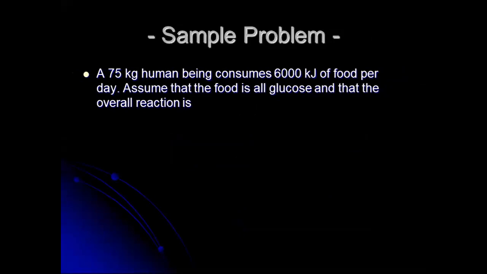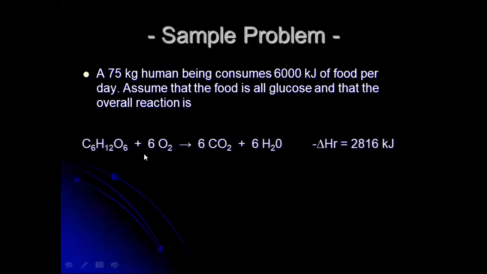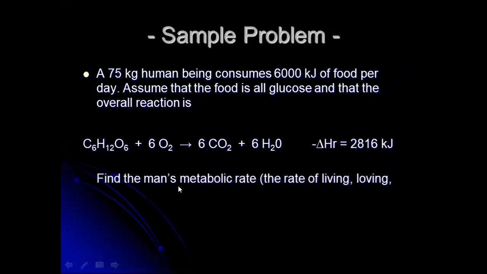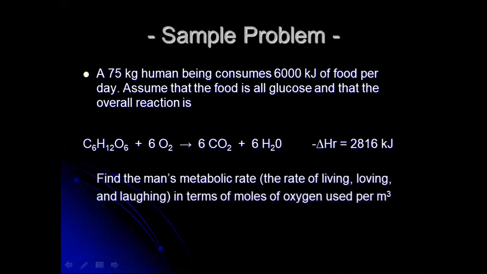Assume that the food is all glucose, and that, of course, glucose is converted in this reaction, forming CO2 and water, and you have a negative rate of reaction here, which is 28.16 kilojoule. Find the man's metabolic rate, so the rate of loving, living, and laughing in terms of moles of oxygen used per cubic meter of person per second.